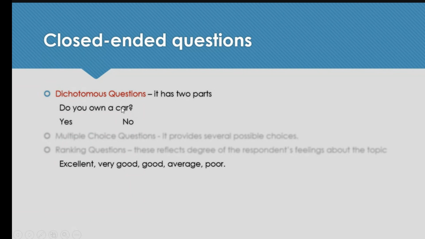The response has only two options: yes or no. If they select yes, you can ask further, which car? What model and all that. So this is a dichotomous question. Here we try to get responses from the respondents.